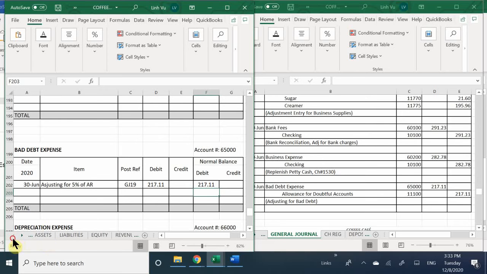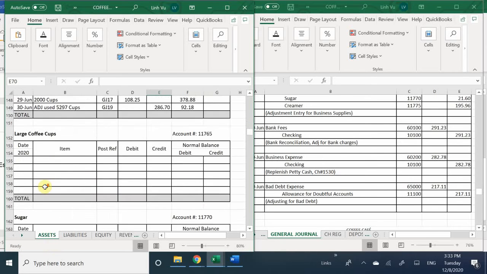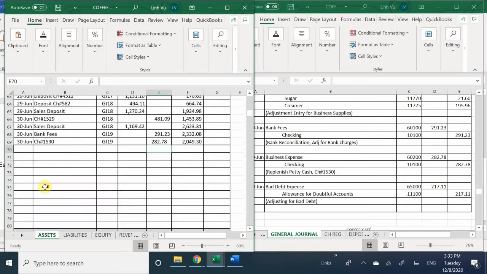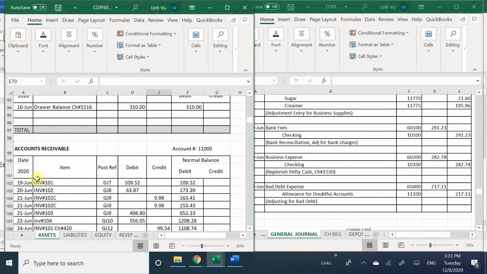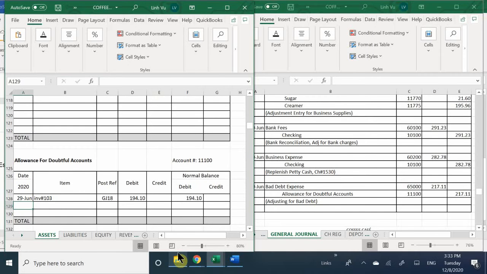Now we make it to our assets. We're going to go to accounts receivable, our allowance for doubtful accounts. Here we are. Again, this one is adjusting for bad debt.